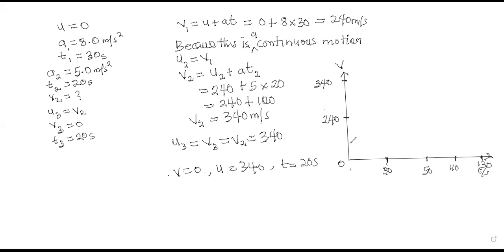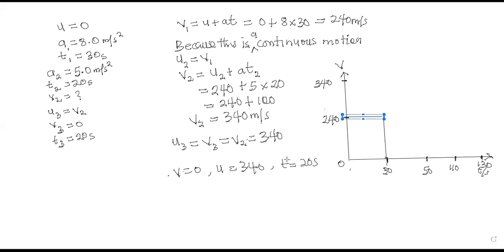So the body accelerates at this rate, and then the final velocity is 240. Let's draw this. The body accelerates from 30 and goes to a final velocity of 240.